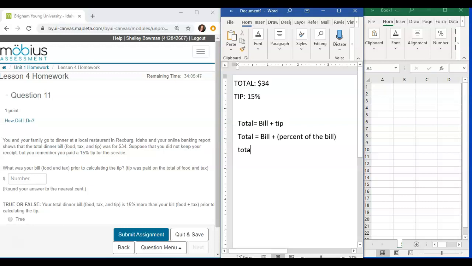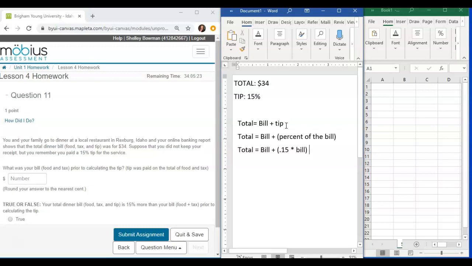I have two ways of writing this out, and the first way is the bill plus a percent of the bill. Of means multiply, and it was 15%, so it's 15% of, meaning multiply, the bill. So I end up with the bill plus the extra 15% of the bill.